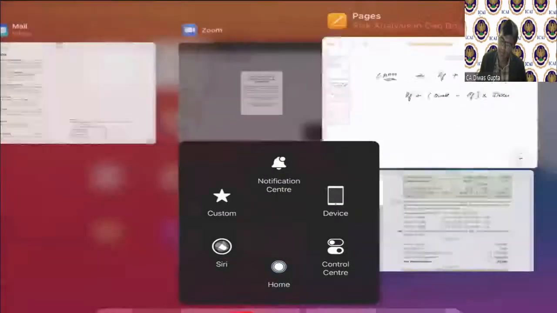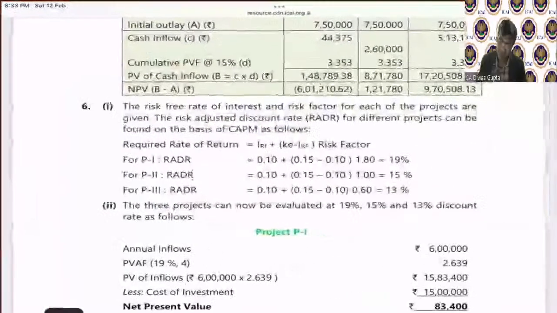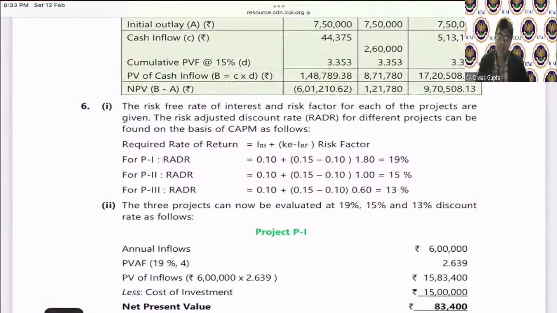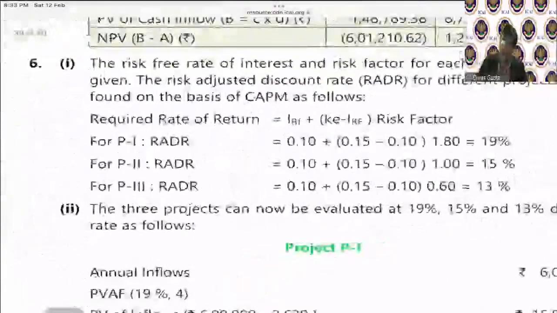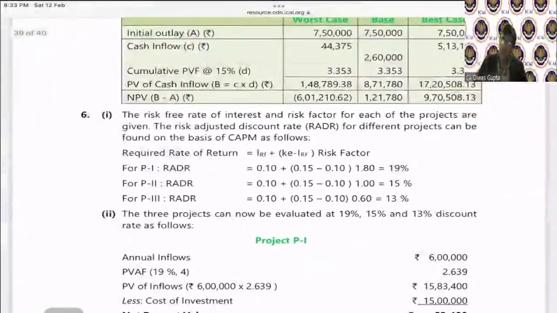Now, if I go back here in the solution, so 10% is already given as the risk-free rate of return, and 15 is the overall factor, and the risk index is 1.8, 1, and 0.6. That is what is given, right, students? So using that, the risk-adjusted discount rate is being calculated.